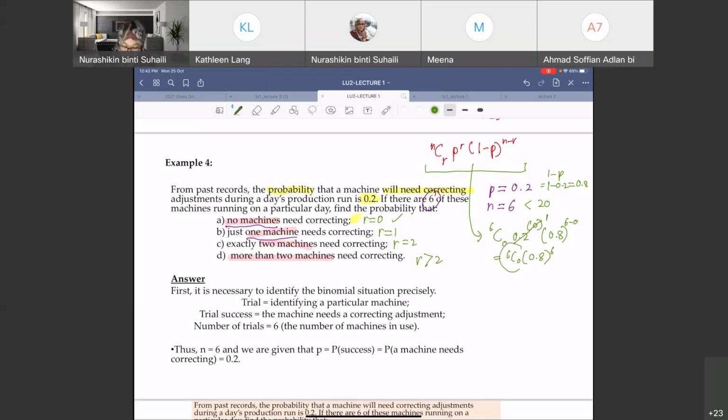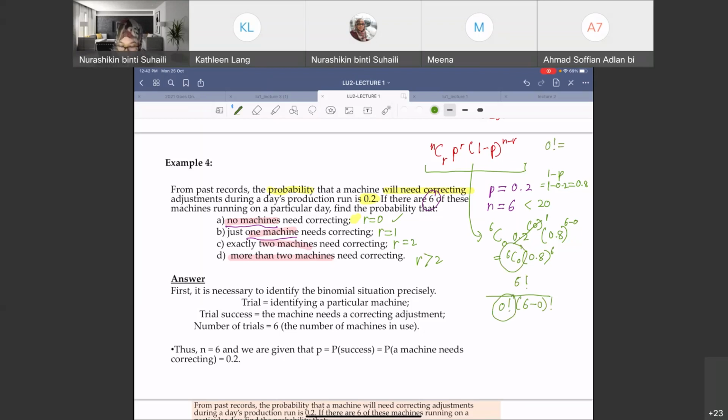For 6C0, you have to know that it stands for n factorial divided by r factorial times (n minus r) factorial. Since r is 0, it is 0 factorial and 6 minus 0 factorial, which is 6 factorial. You have to know by yourself that 0 factorial means 1.